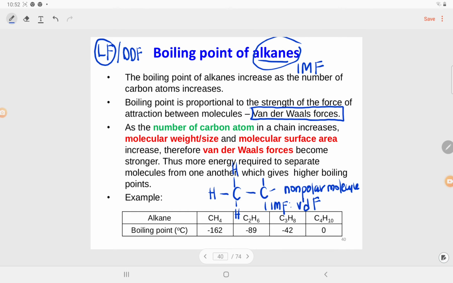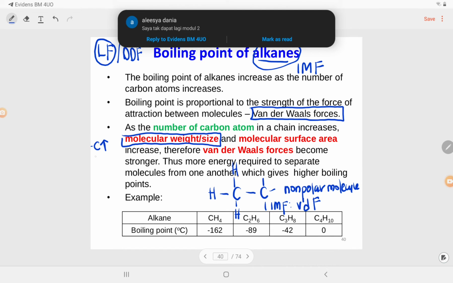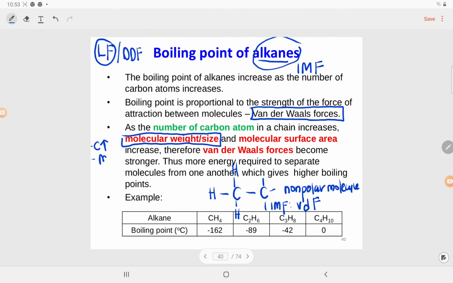The factor affecting the strength of the van der Waals forces is the molecular weight, which is the number of carbon atoms, directly proportional to the strength of forces. If we have a higher number of carbon atoms, we have a higher molecular weight, so the van der Waals forces are stronger.